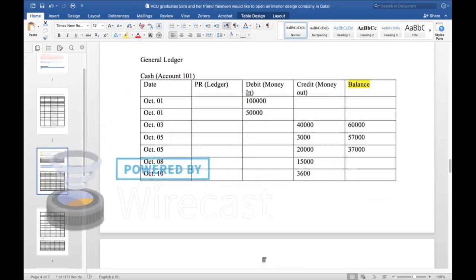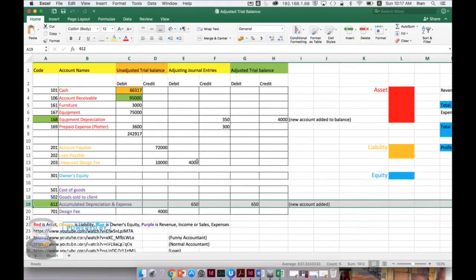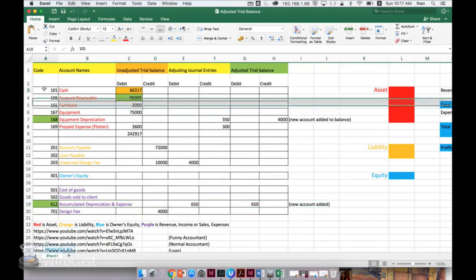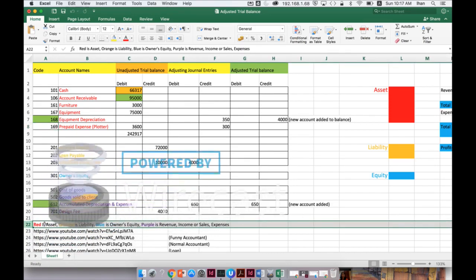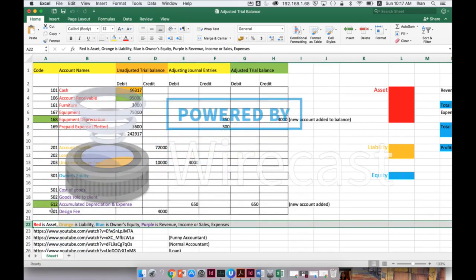What's also beautiful about this, I would just like to add one thing, is that when all the accounts and the balances are brought in, you have account 100, 101 to 169, account 200, account 300, and something bigger. When they put together the 100 accounts, which is in red, that is your asset.